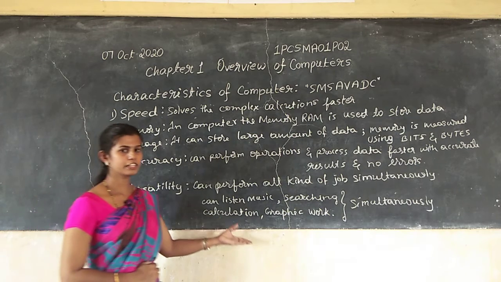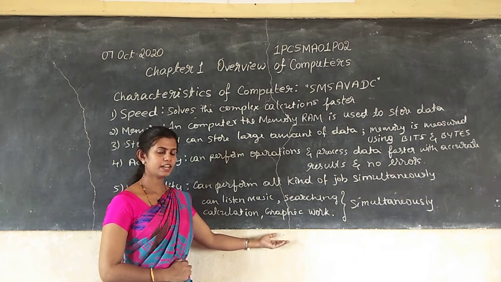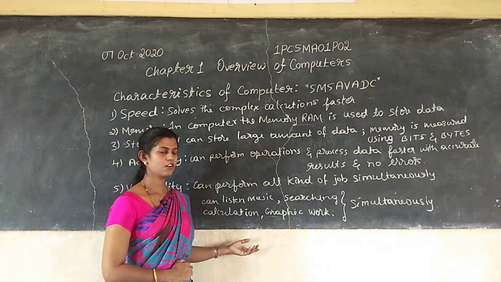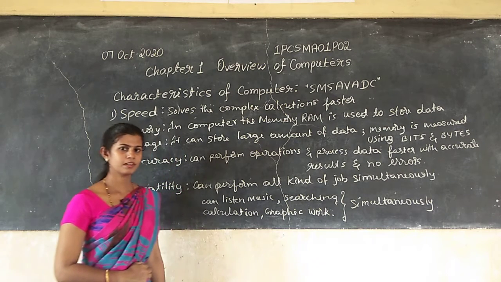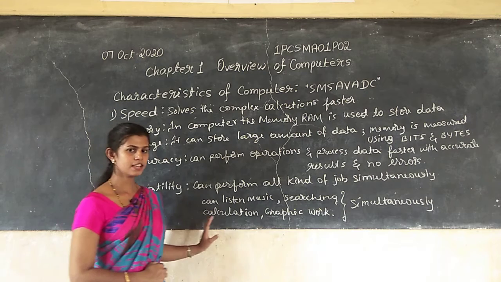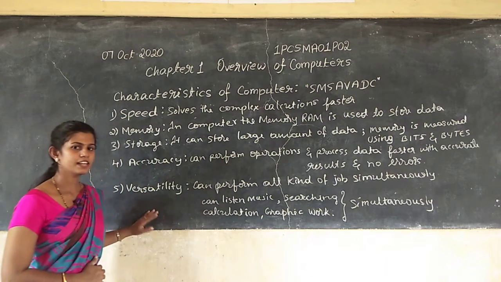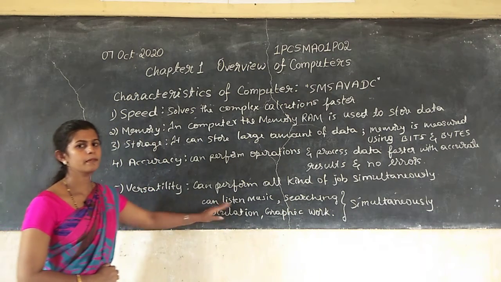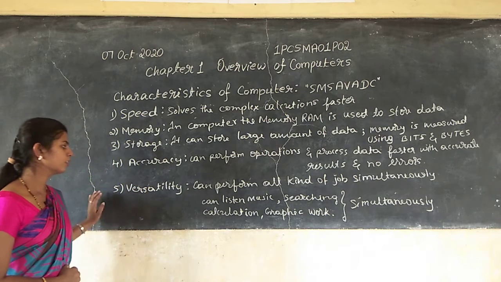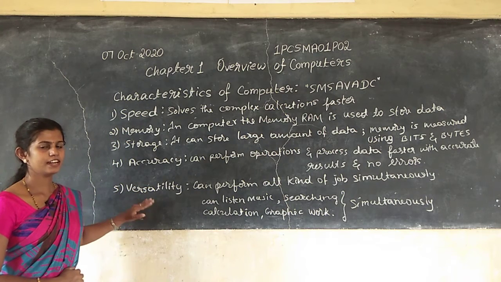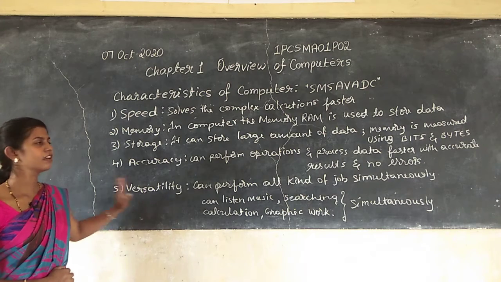Next we can do calculations, along with that we can paint or draw some pictures. That is simultaneously. Simultaneously the computer can do many types of jobs. So it is called versatility, and it is one of the main characteristics of the computer.